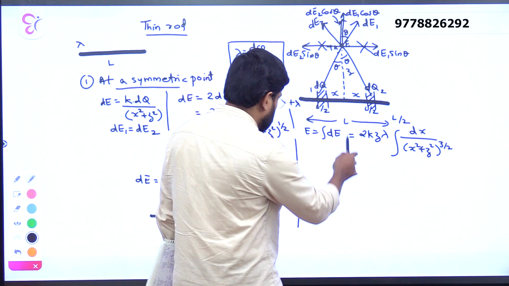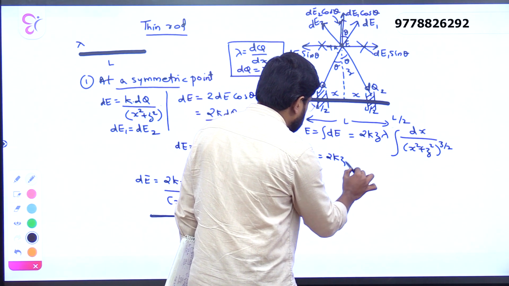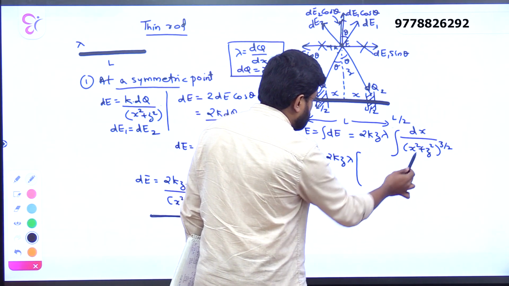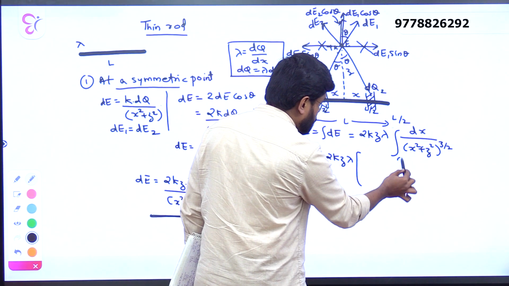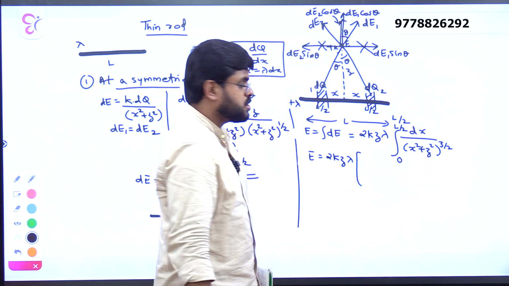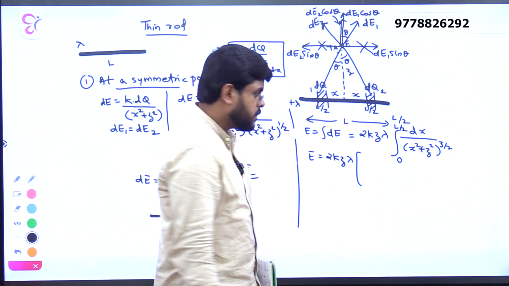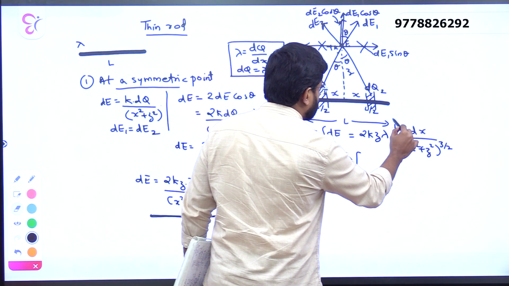Understood? So electric field is equal to 2kz lambda into the value of this integral. What are the limits of this integral? The limits are from 0 to L by 2. Clear?